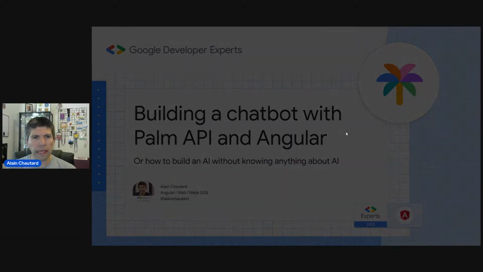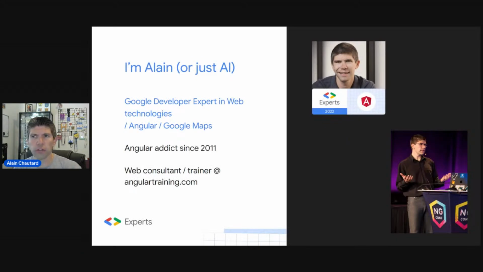So before I get into that, just a quick introduction. My name is Alan, or just Al. I'm a Google developer expert in web technologies, more specifically Angular and Google Maps. I started with Angular a long time ago, back in 2011.